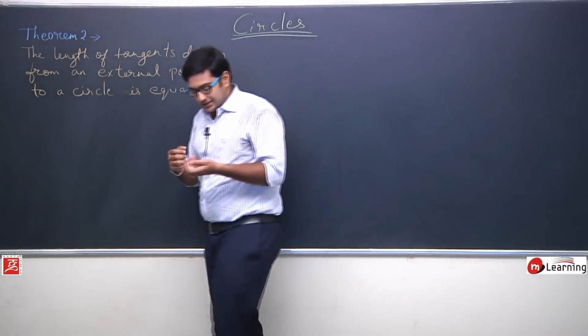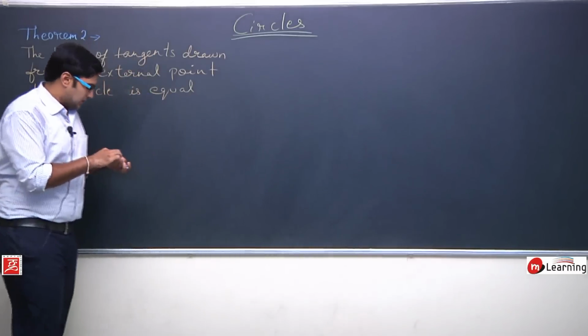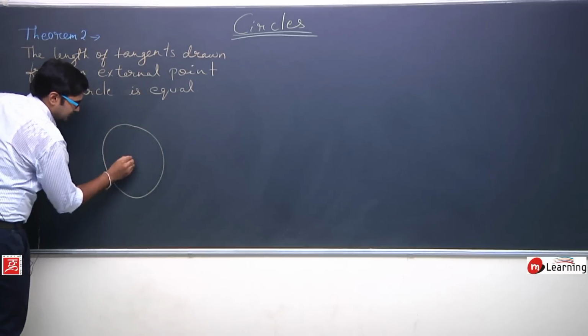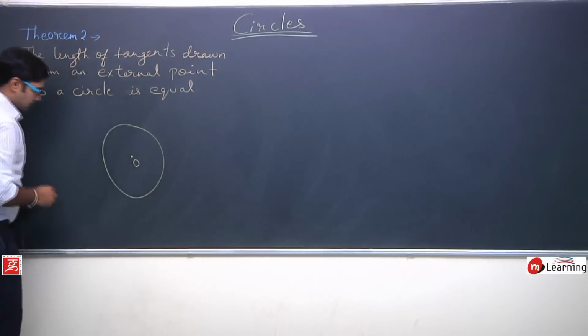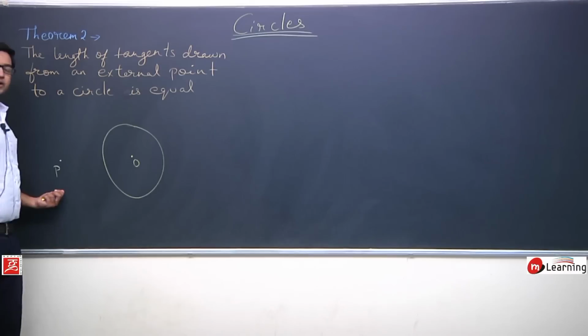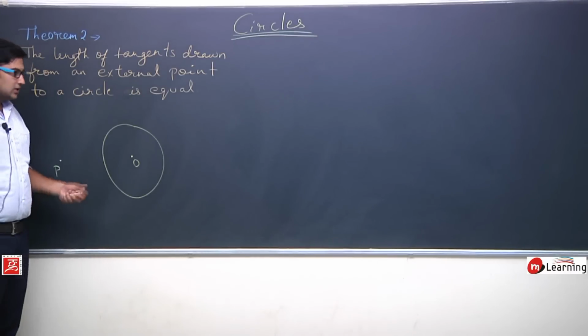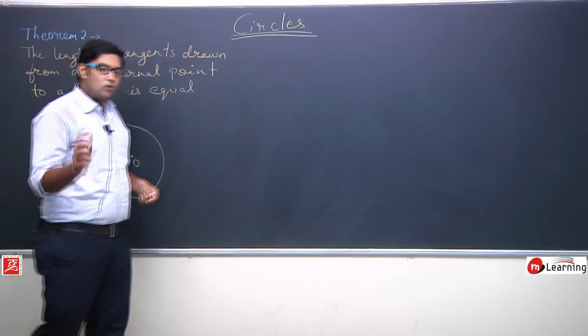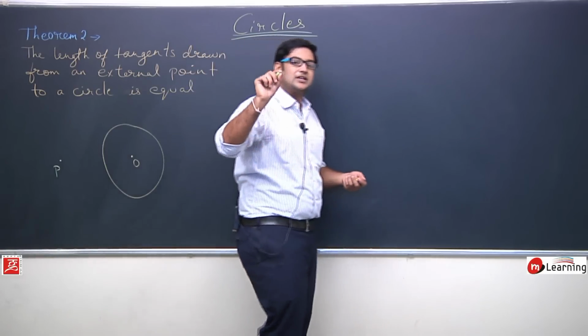So it means if I have a circle like this, this is a circle with center O, and let us say this is a point P which is an external point. This P point is an external point, so it says the tangent drawn from this P point. Now how many tangents can you draw from an external point?